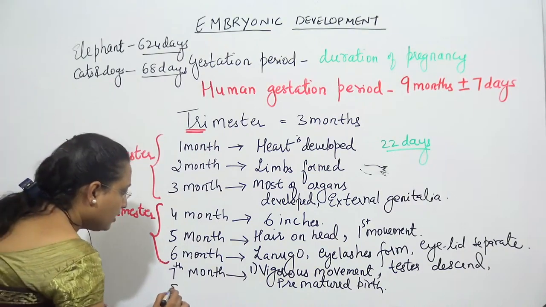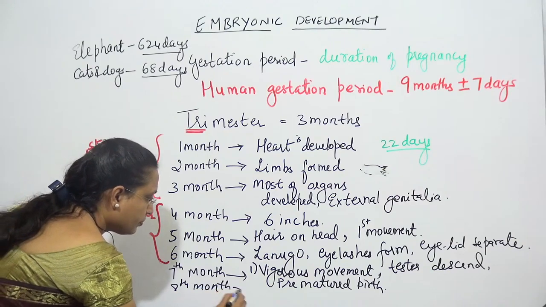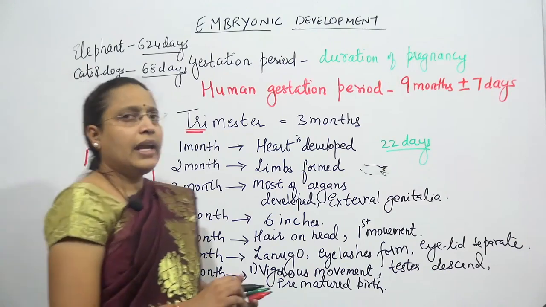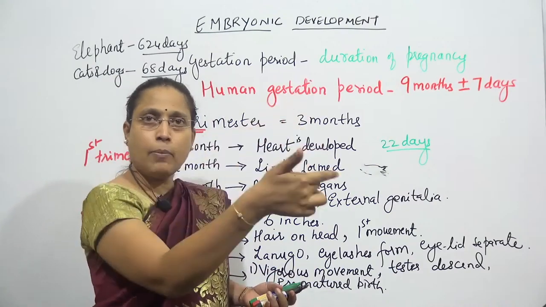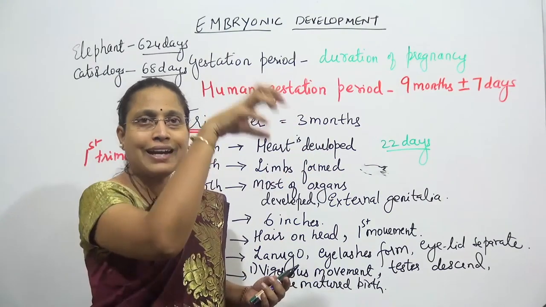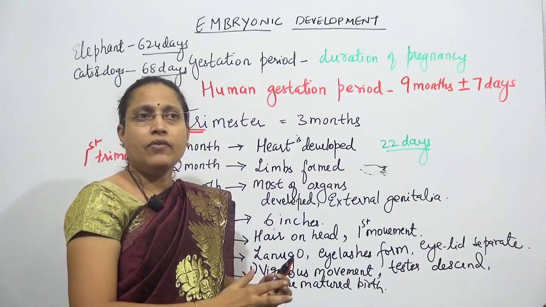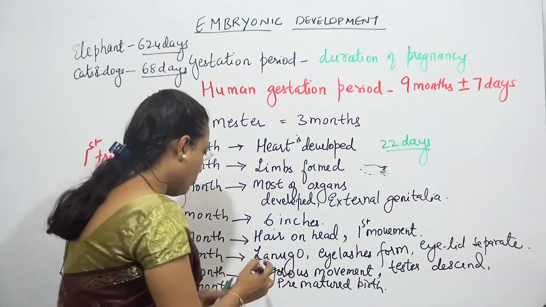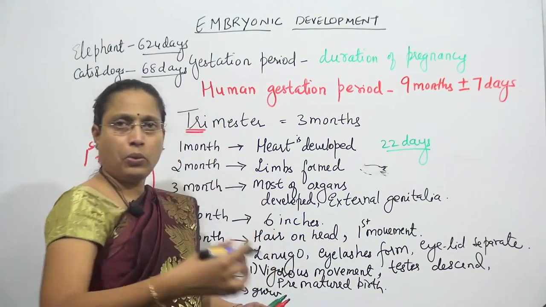Now, 8th month, what happens? The fetus can turn so that the head is facing the cervix, and the fetus continues to grow in size.